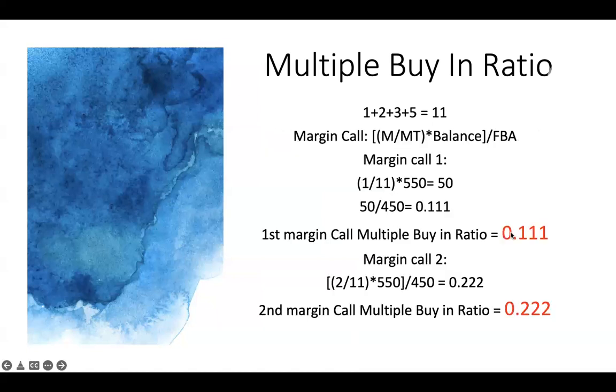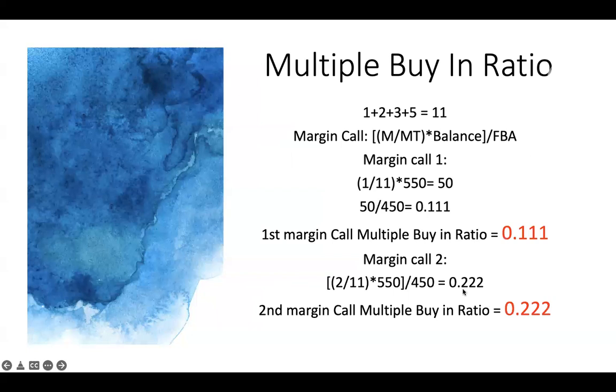Now, as you go to the next level, you want to calculate for the second margin call. So I put the result for the first figure here for $1,000. For the second one, remember the second Fibonacci number is 2. So 2 divided by 11, multiplied by the balance, which is 550. Then you divide the result by 450, the first buying amount.